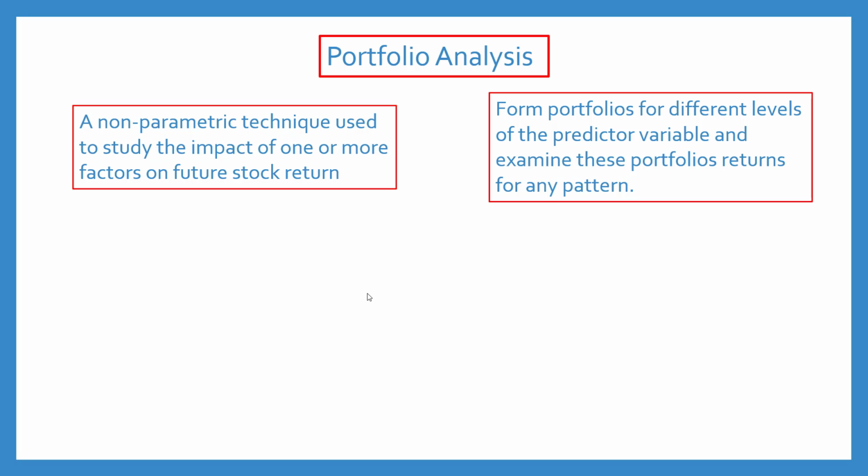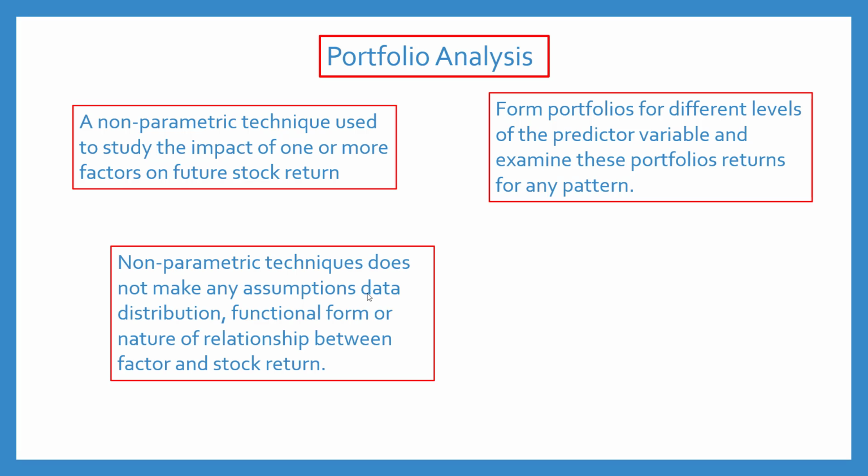Once we make the portfolios, we calculate the portfolio returns and see how they change as we move from one portfolio to another. What is the pattern within these portfolio returns? Is it increasing with the increase in that independent variable, does it remain the same, or is it decreasing? That pattern tells us something about the impact of this independent variable on the stock return.